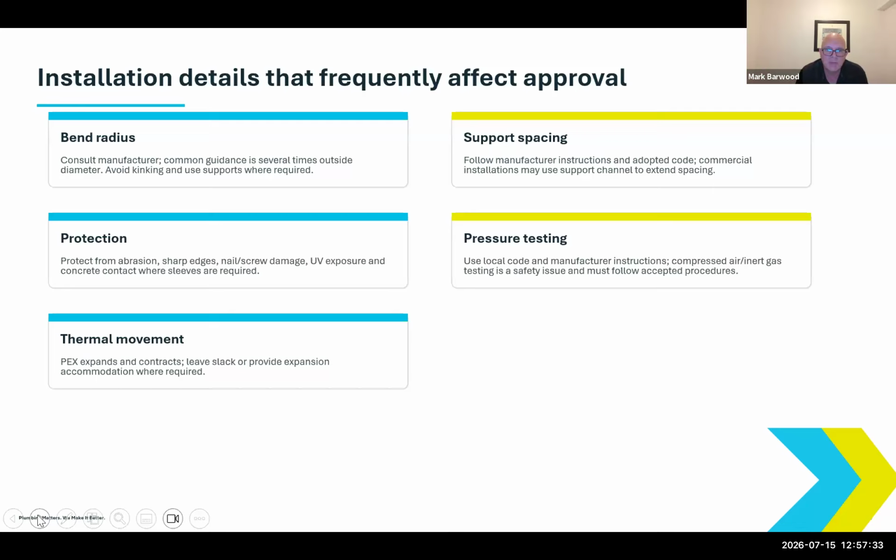Protection from abrasion, sharp edges, nail, screw damage. So you have to use nail plates or screw plates everywhere with this PEX, because when you put that drywall screw in, it will pierce the pipe. Pressure testing, local code, how the pipe is tested after it's installed. Is it tested with water or with air? And you have to follow the accepted procedure, and then thermal movement.